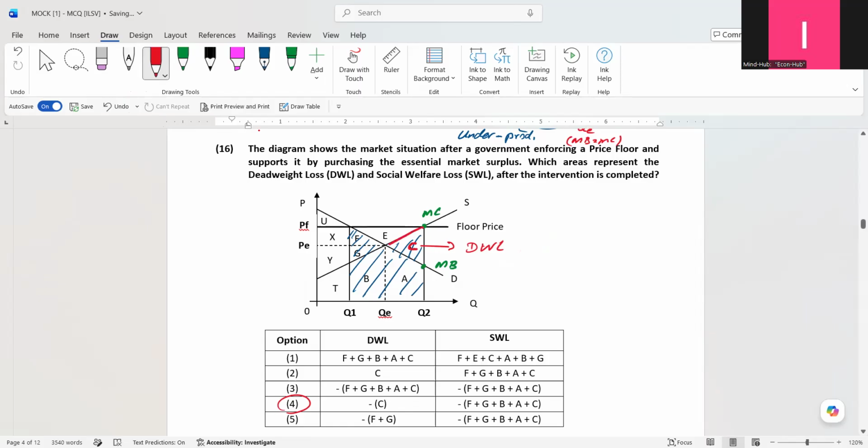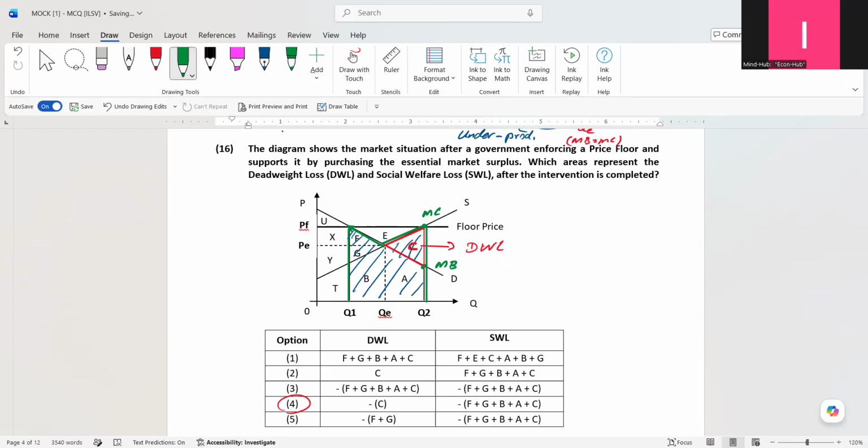Deadweight loss is the triangle. But when it comes to social welfare loss, it's what we call an M-shaped area. It basically goes like that. The green color M-shaped area.